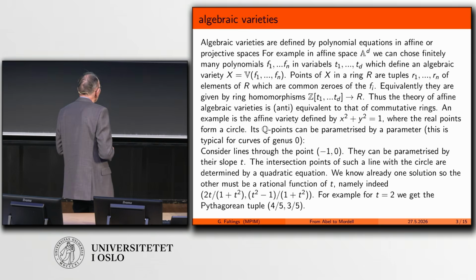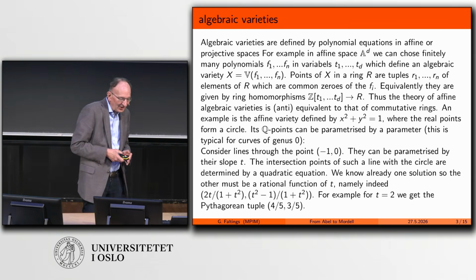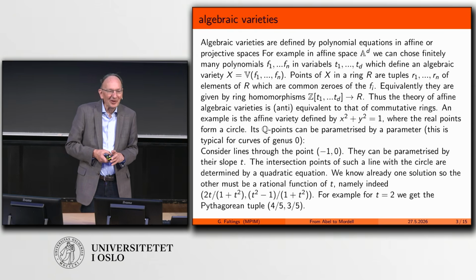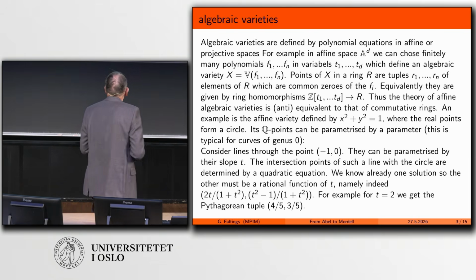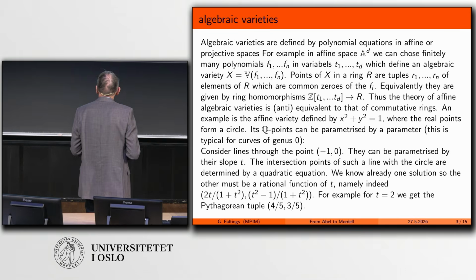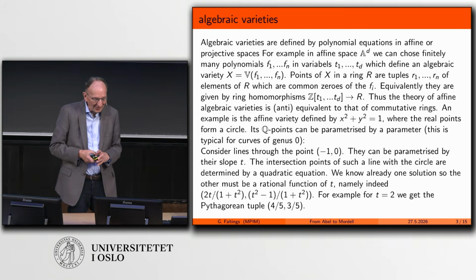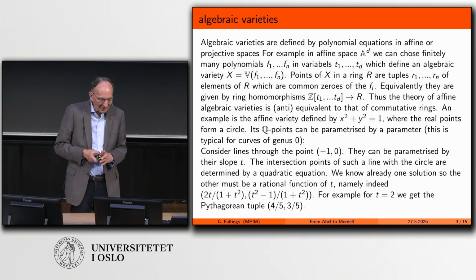Okay, so I should talk about algebraic varieties. They are defined by algebraic equations. So you don't have sines or cosines, but you have polynomials, and I wrote some down here. The general theory says that there are so-called affine varieties, and they are given by commutative rings.